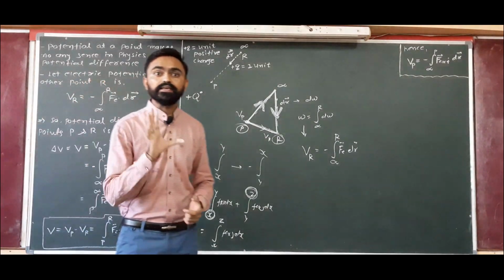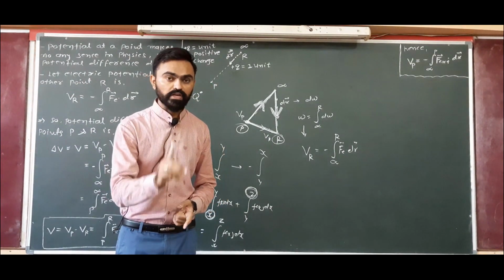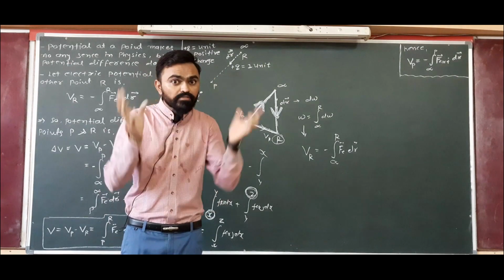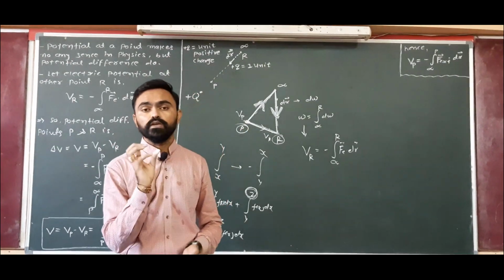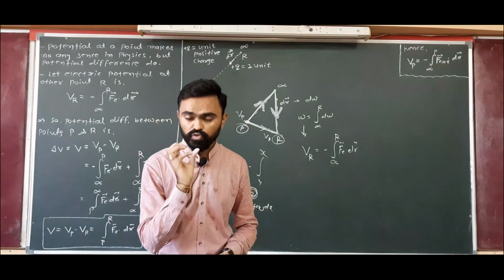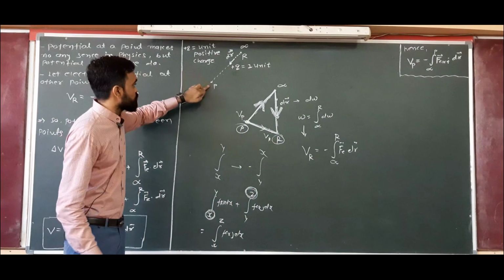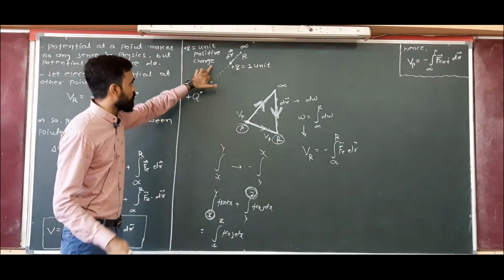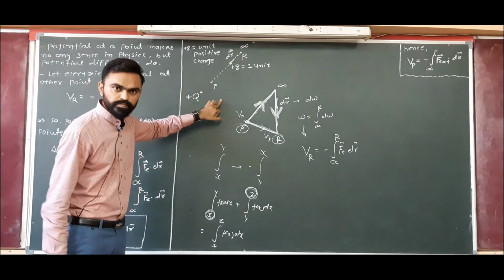Again, what is the highlight of potential? Potential belongs to a place, a point, a location, a site. Where? In the vicinity of the electric field of a source charge. That is, potential is a characteristic of a source charge. Got it? If I change the position, the location, or the distance, the potential will change.